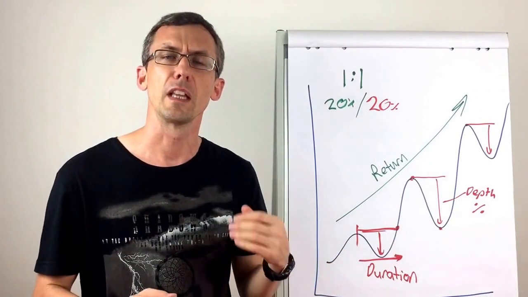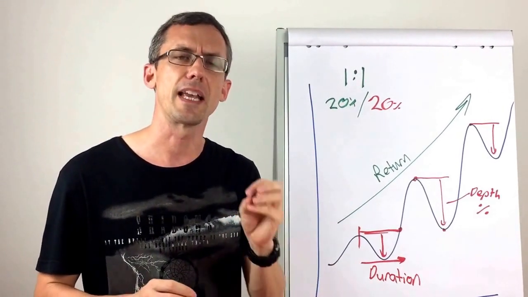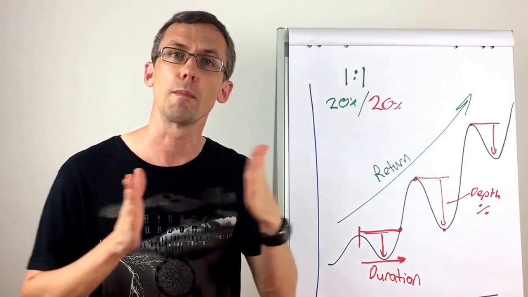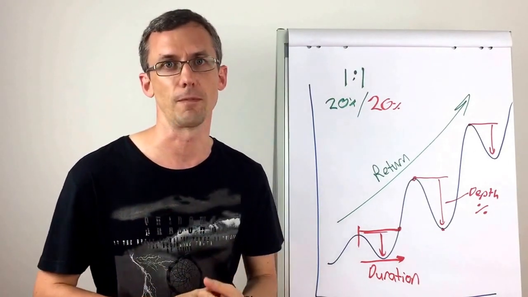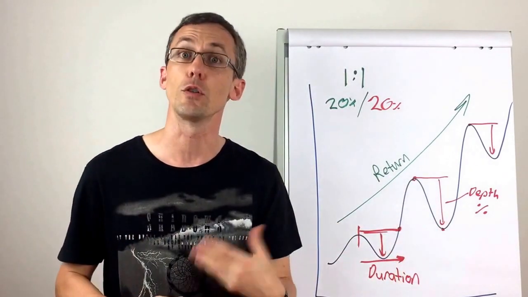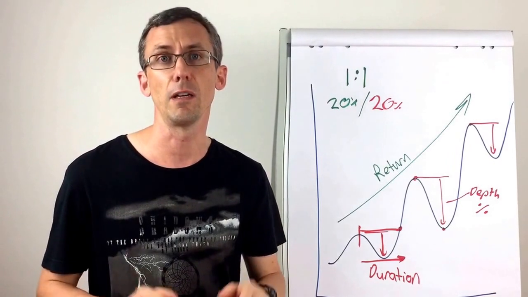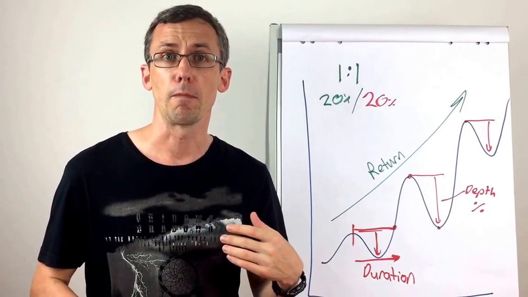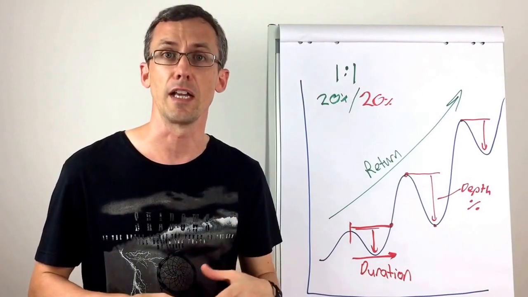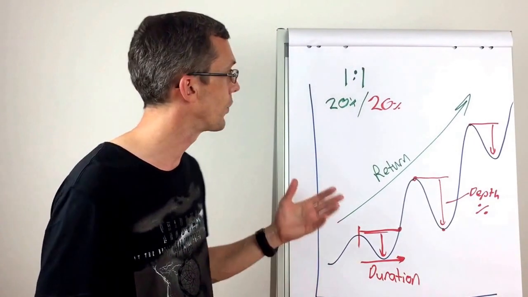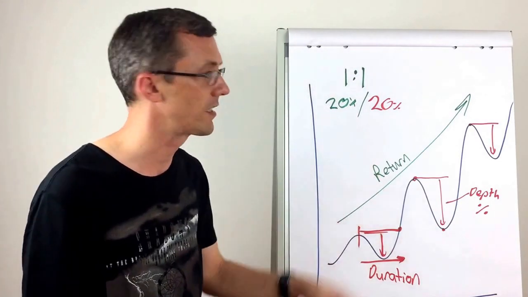But if you're living month to month and you're taking money out of your trading account to feed your family, then you're probably going to want a much shorter drawdown duration. And so setting the depth and the duration targets in your trading goals is very important. It's a hugely important step in the process of designing and fitting your trading system and your trading strategy to you. So that's drawdown depth and duration as it relates to returns.